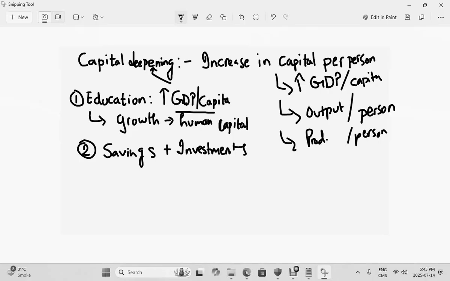If you pay low taxes on those capital gains, it will lead to savings, which means your savings and investments will go up, and so will your capital deepening. So it has to do with low taxes on capital investments.